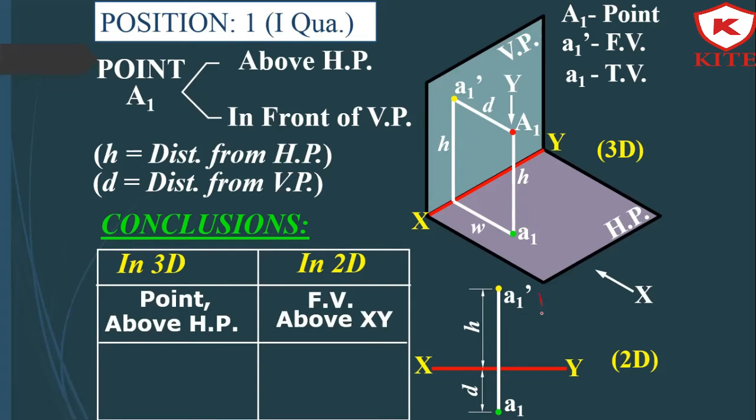This is the front view and this is the top view. The point is above HP, so the front view is above the XY line, and the point is in front of VP. If your point is to the right side of VP, it is called in front, right side.